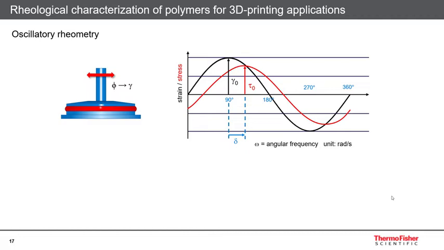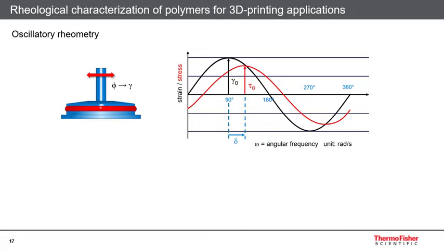So when it comes to testing polymer melts with a rotational rheometer, oscillatory measurements are preferred over rotational tests, and this slide provides some brief theoretical background for oscillatory rheology. So either a sinusoidal oscillatory deformation or a sinusoidal oscillatory stress signal is applied by the rheometer.